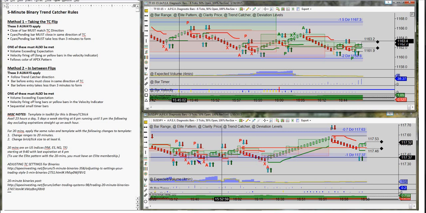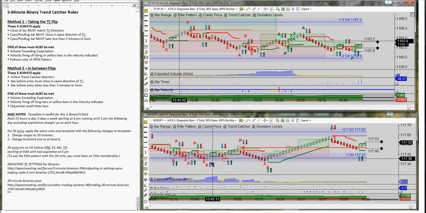See, in this setup where it's 10 and 0, again, it's a down bar, and it hit this little red line, so it did confirm, but it went right back up. And that's kind of what we mean in this method 1, where the close of the bar must match the trend catcher direction.